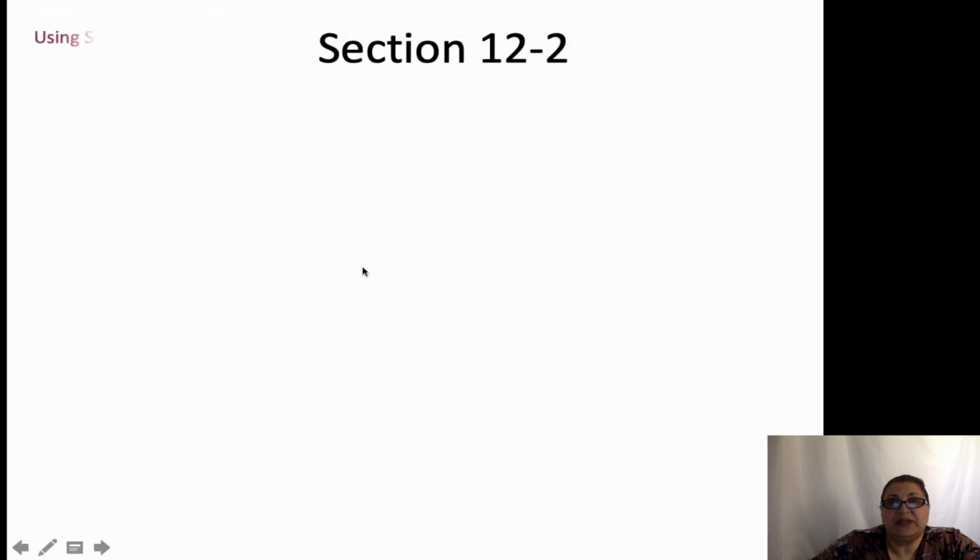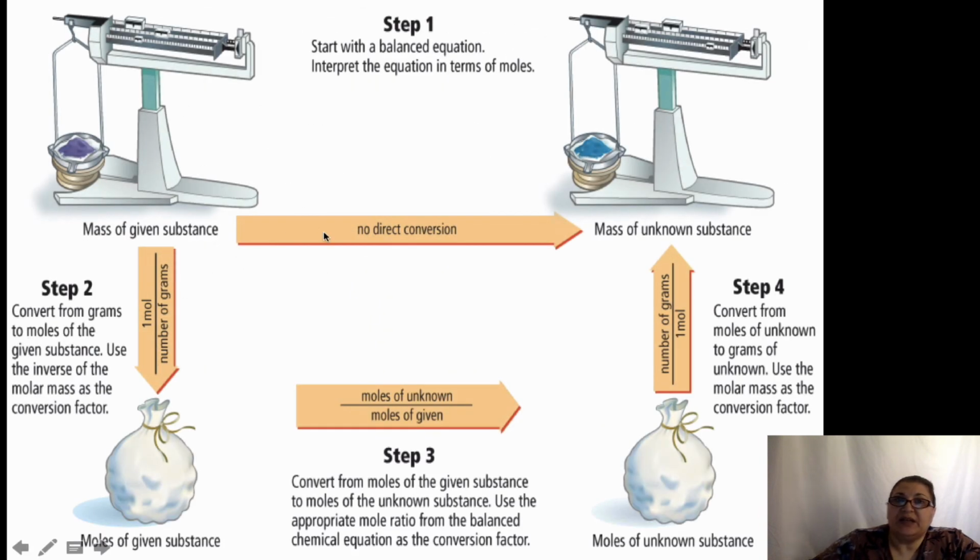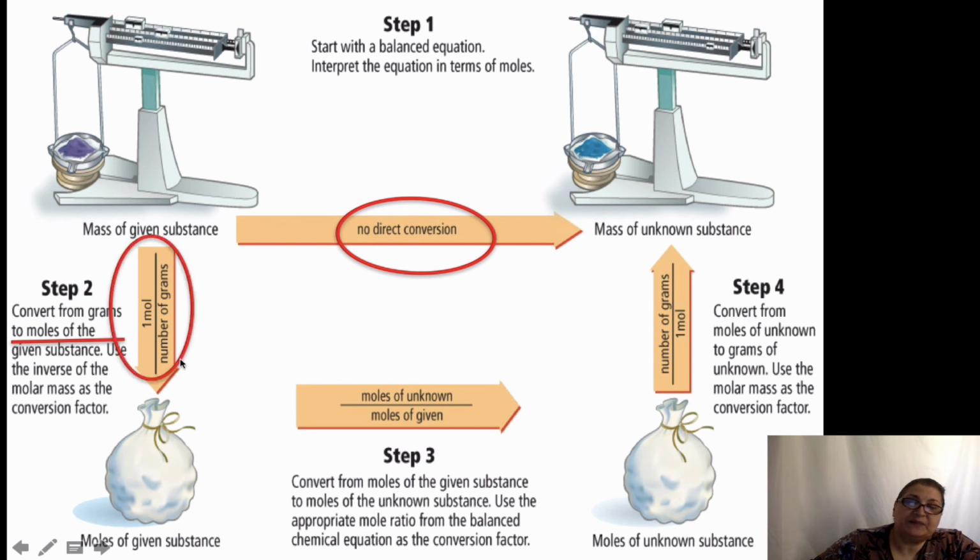That's step number 1. Step number 2, we have a map here. We cannot go from mass of the given to mass of the unknown because it's grams to grams. But the first step, we have to convert mass of the given to moles, so we divide by the molar mass.